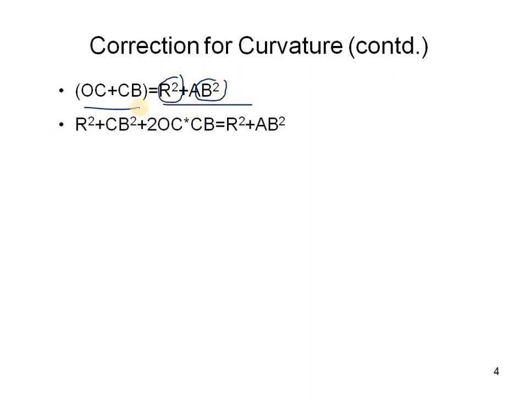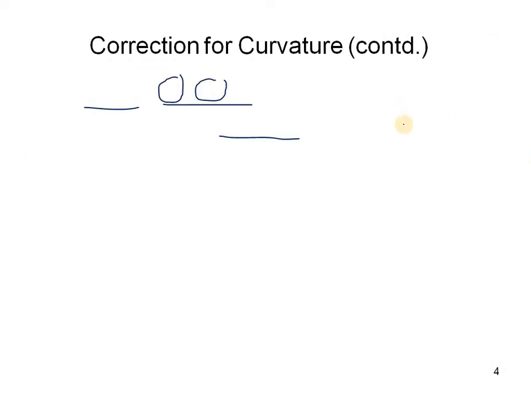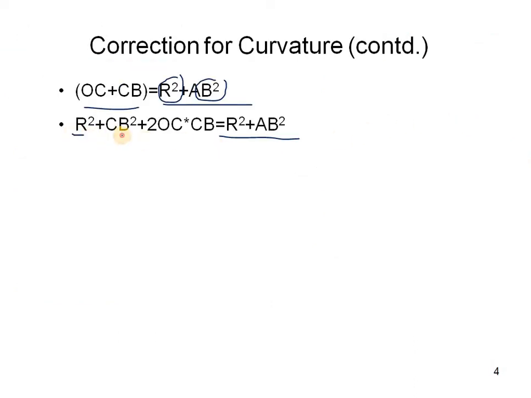So taking this one, R square plus CB square plus 2OC into CB is equal to R square plus AB square. So we write the equation as R square plus CB square plus 2OC CB is equal to R square plus AB square.